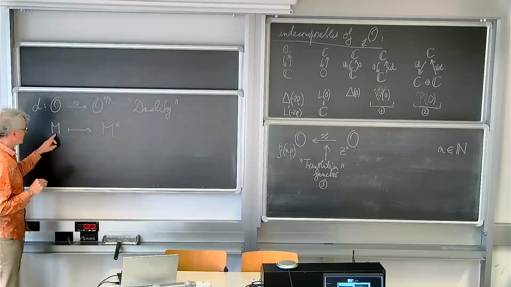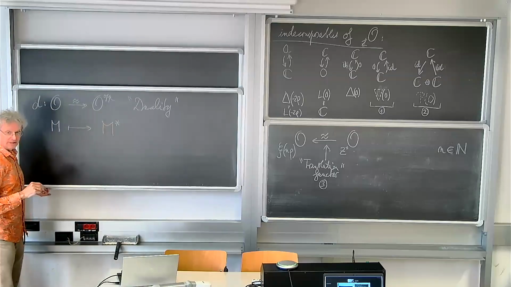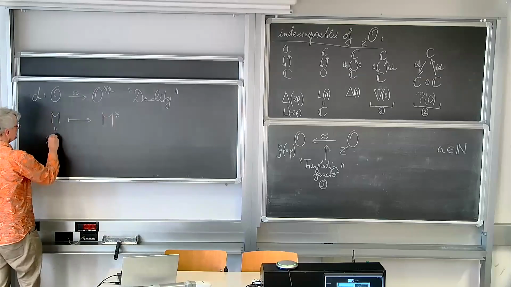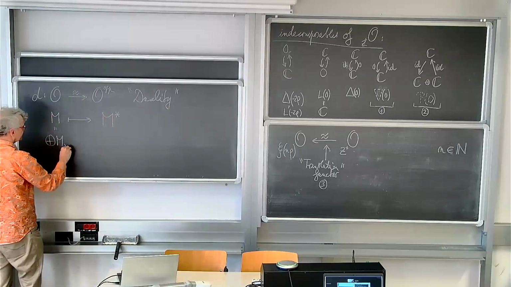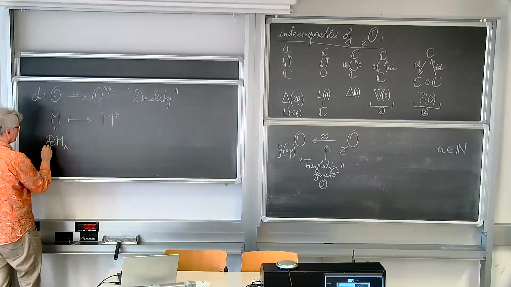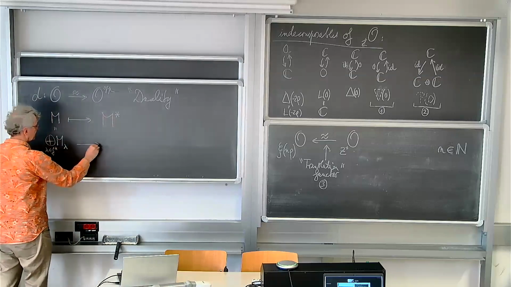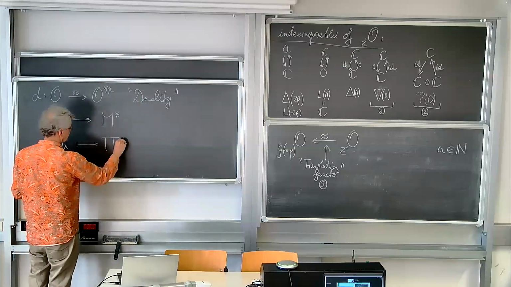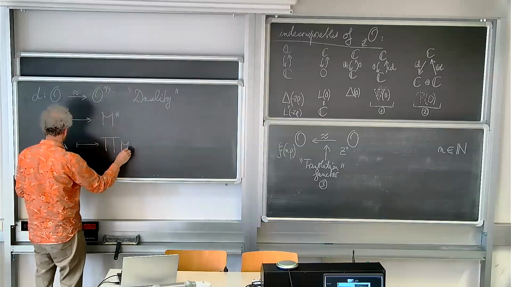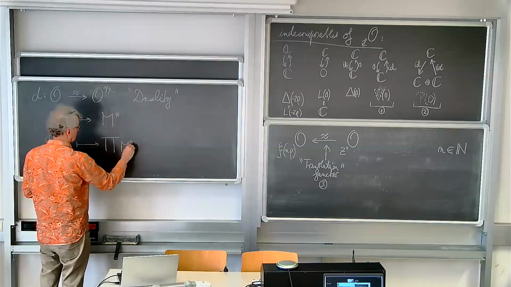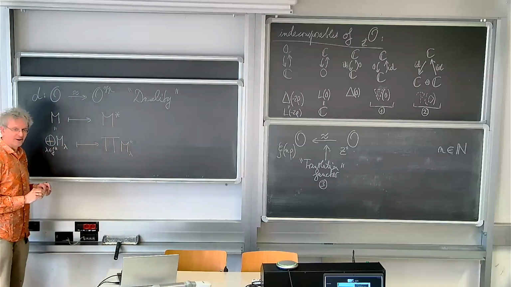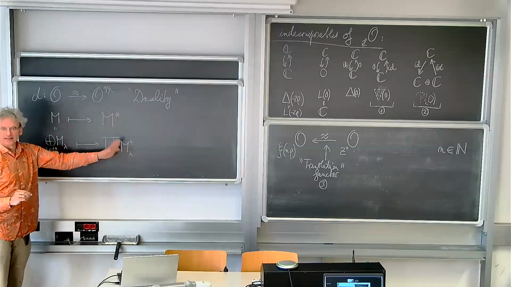Well, now we have already the first problem, because this Verma module is, say, the direct sum of weight spaces, and then it will become the product of the duals of the weight spaces. And so this is much too big.